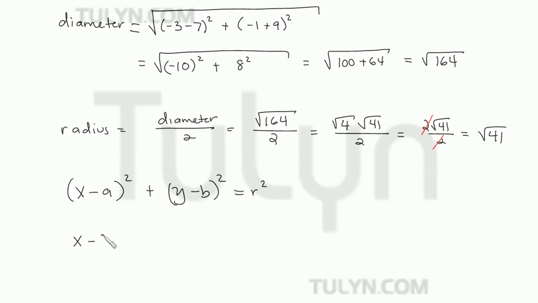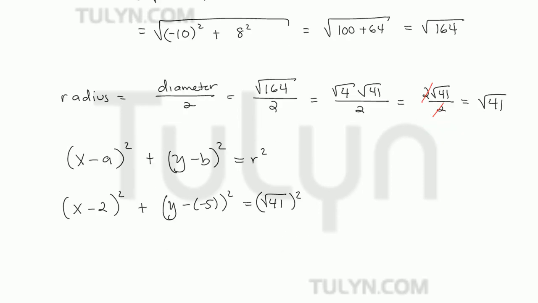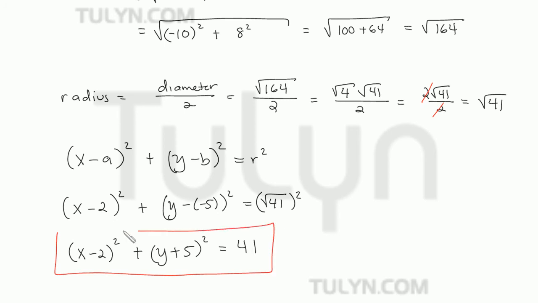So this is (x - 2)^2 + (y - (-5))^2 equal to the radius squared, so square root of 41 squared. And then finally simplifying, we get (x - 2)^2 + (y + 5)^2 = 41. So that's the equation of the circle.